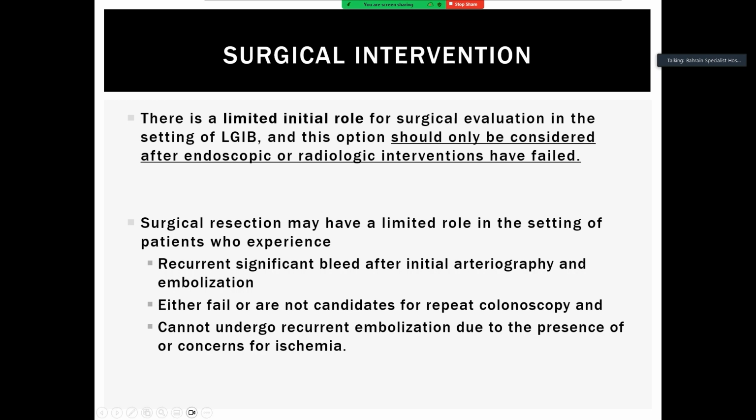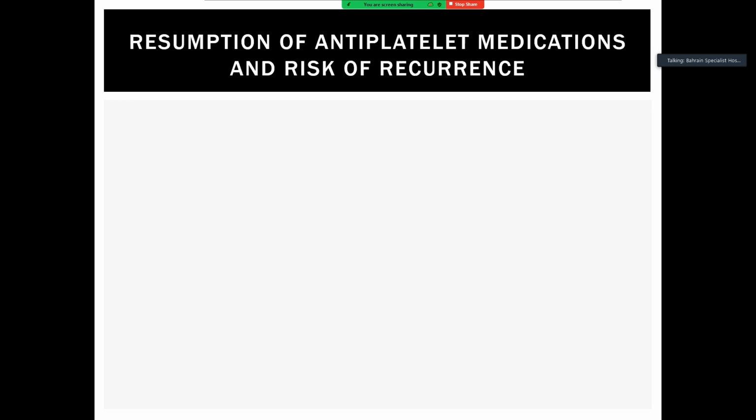It has a role if there is a recurrent significant bleed after initial angiography and embolization. Either we have failed to treat colonoscopically, or the patient is not a candidate for repeat colonoscopy, or the recurrent embolization cannot be done because of ischemic colitis, then we can go for surgical intervention in these patients.